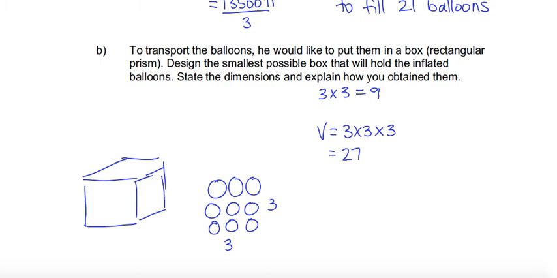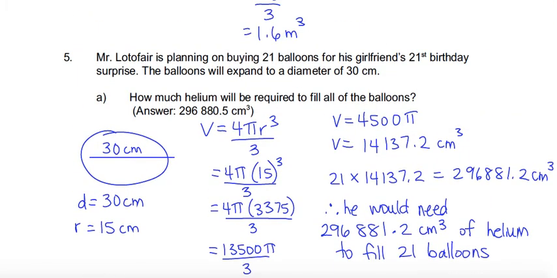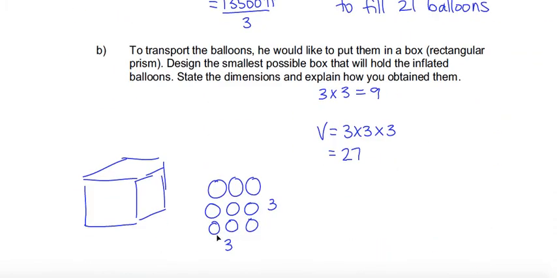Now I also want to think about what the dimensions of my balloons were too, right? So if I'm fitting 3 balloons and each balloon is 30 centimeters, instead of doing 3 now, I might want to think about what my units are. So 30 plus 30 plus 30 gives me 90. So now my units would be 90 centimeters.